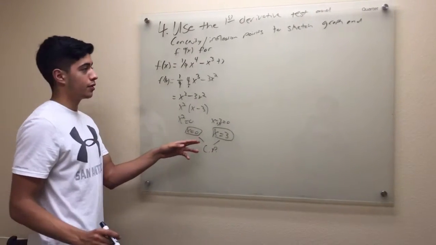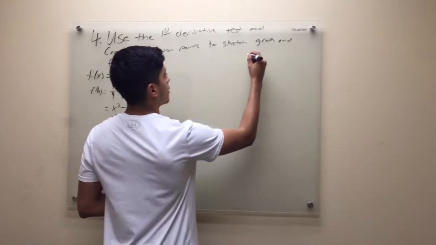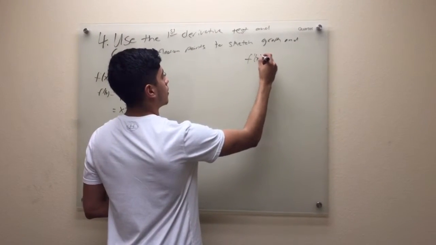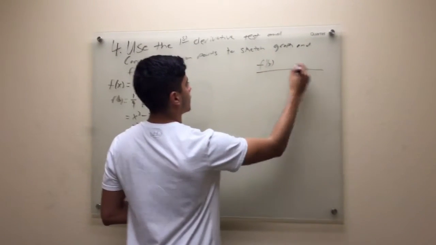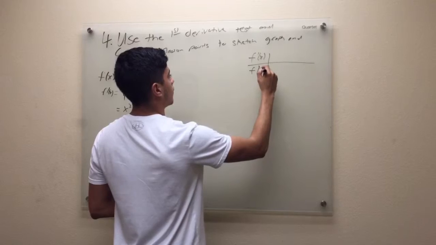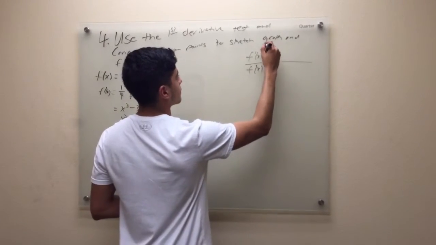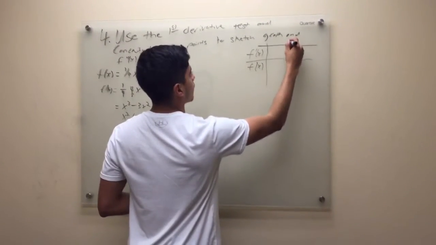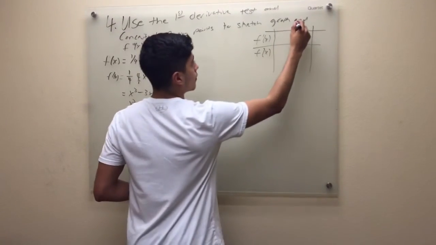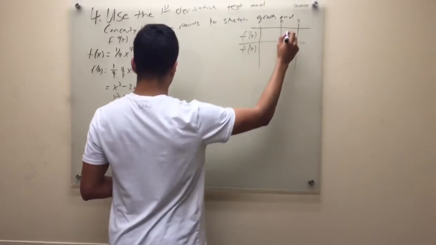And with these critical points, we're going to go ahead and make our sign chart over here. Alright, and we have 0 and 3.